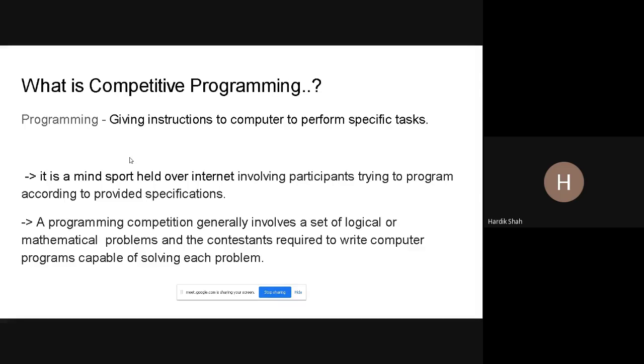Also, a programming competition generally involves a set of logical or mathematical problems that the contestants are required to write computer programs capable of solving. So, in a contest, you are given the problem's statement, and you are supposed to write a computer program that can take the various inputs provided and give the specified outputs.